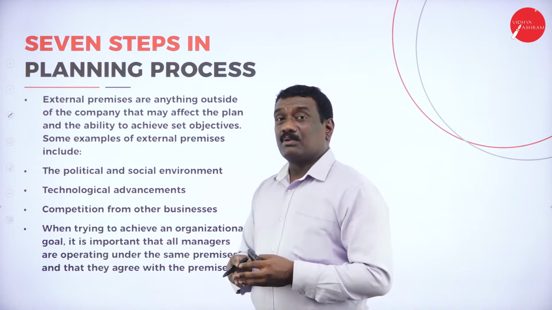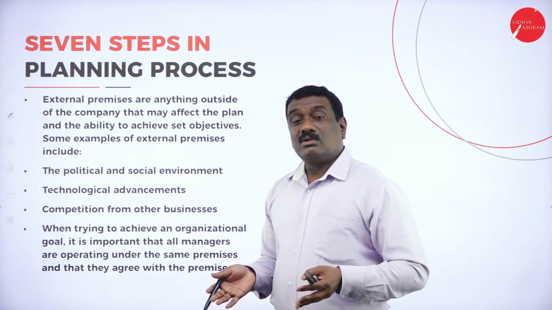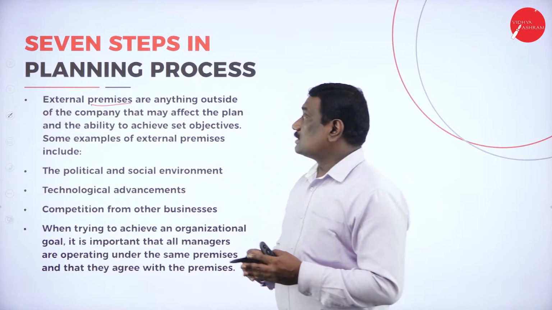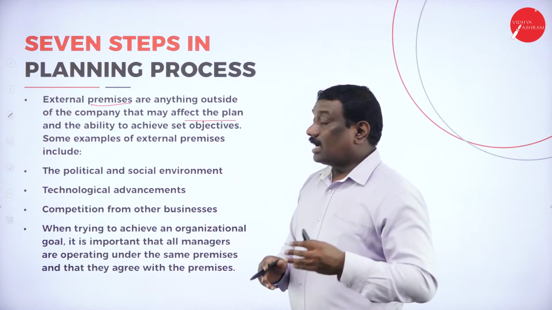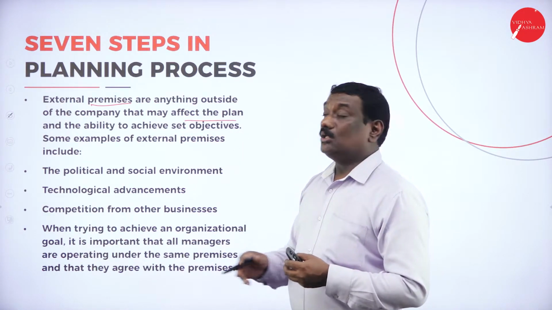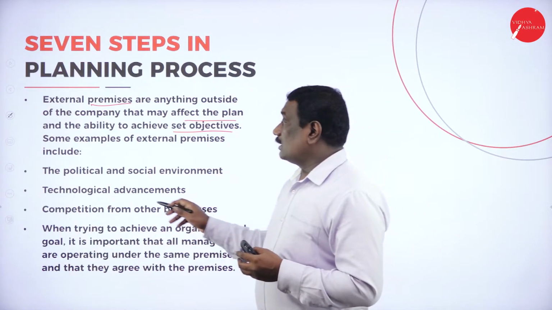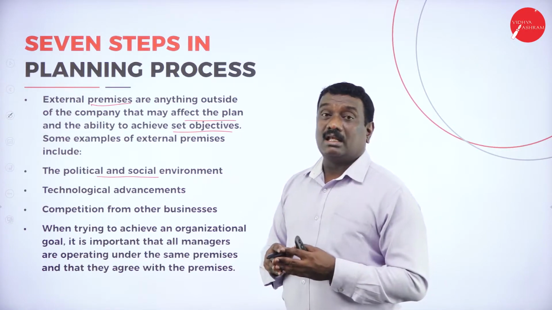And coming to the external premises, students, it says that it is anything outside of the company. So anything outside of the company, we call it the external premises, and that also will have a greater impact on the effect of the plan, and on the ability to achieve the set objectives or goals. Here we can see some examples of external premises, that is the social and political environment.